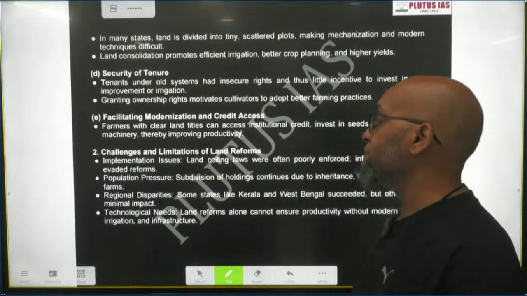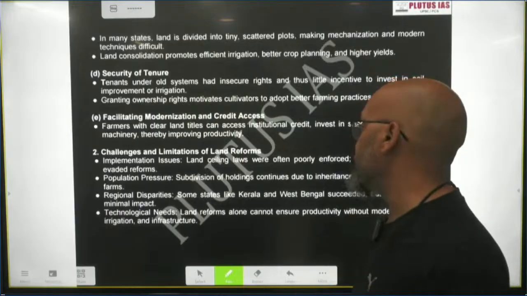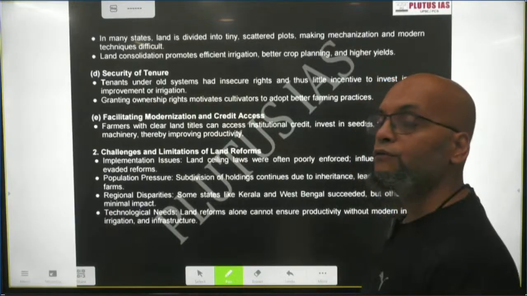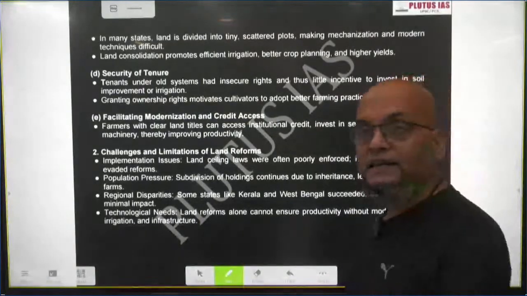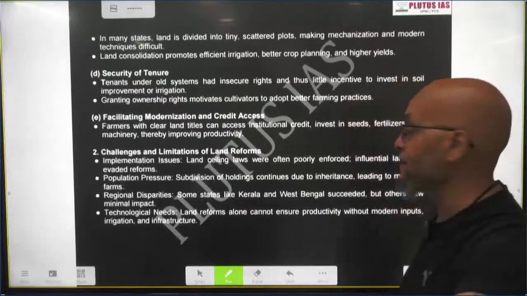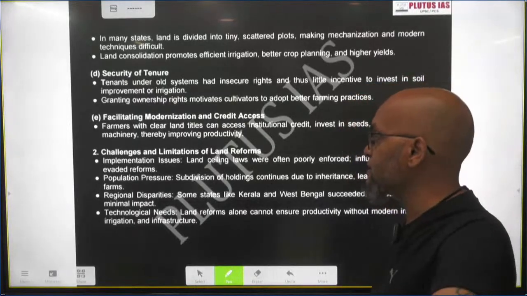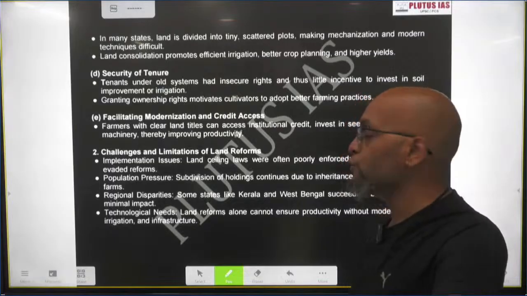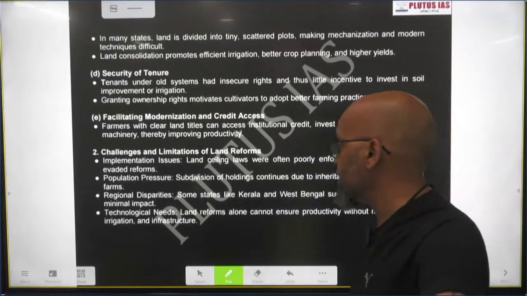So, when farmers are the owners of land, they can easily get loans from the banking system. They will invest in seeds, fertilizers, and machinery, and as I told you, overall productivity would increase.